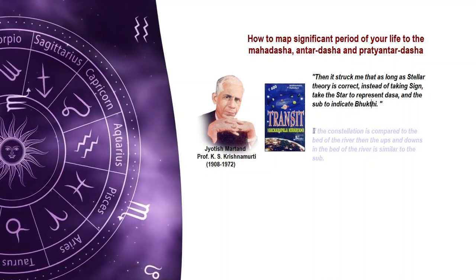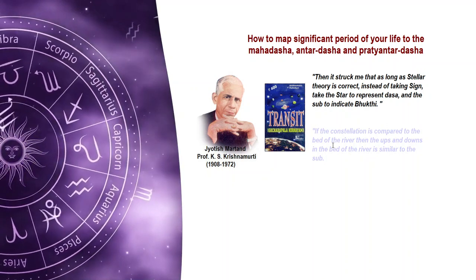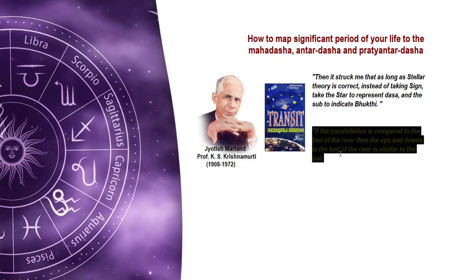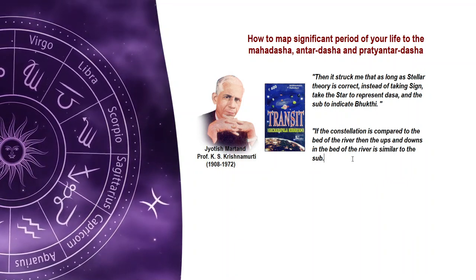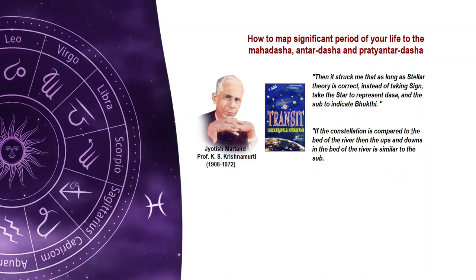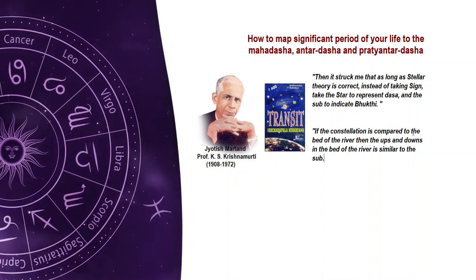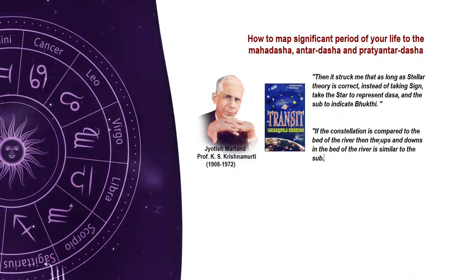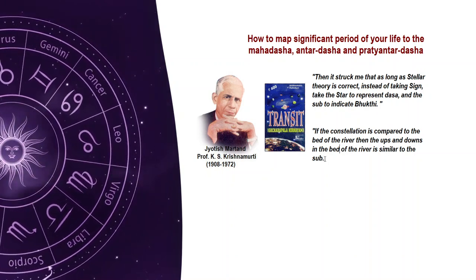Another thing that he has mentioned in the same book is about the star lord and the sub lord. So what he says is that if the constellation, constellation means the star lord, is compared to the bed of the river, then the ups and downs in the bed of the river is similar to the sub.